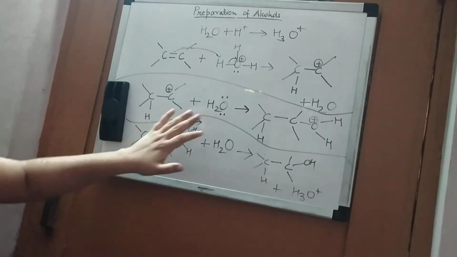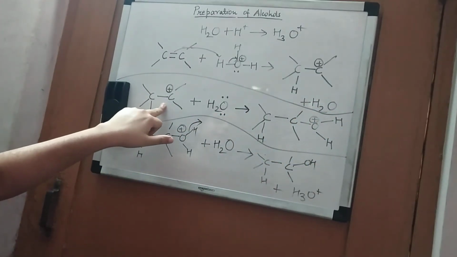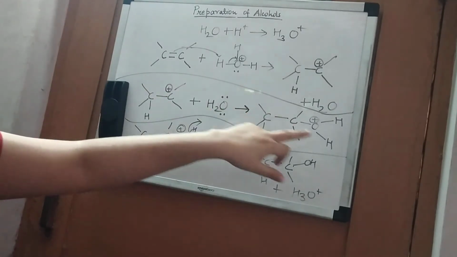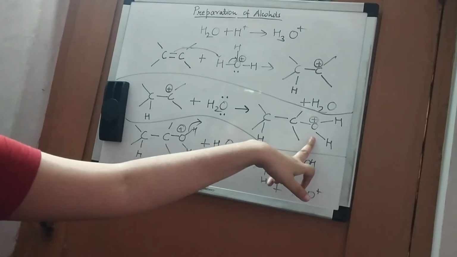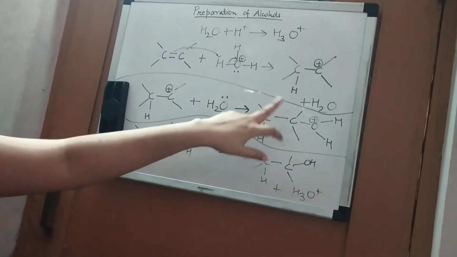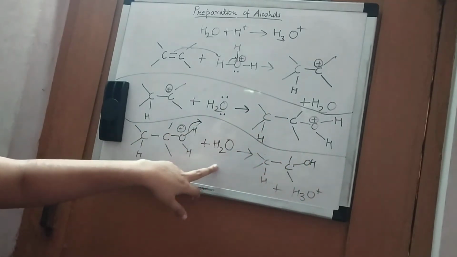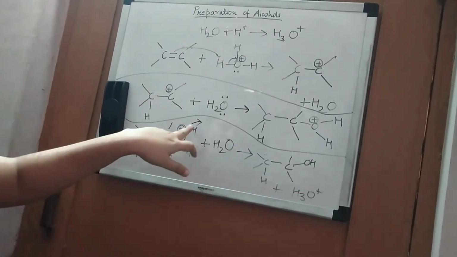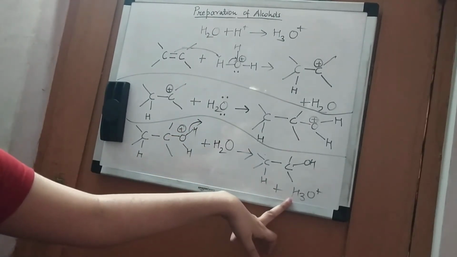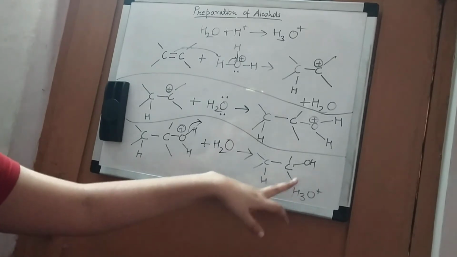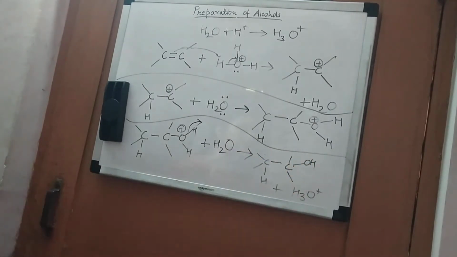Now the H2O molecule will react with the carbocation, and you will get this structure in which oxygen atom is positively charged. Now in this structure, again H2O molecule will remove the H plus ion, and H3O plus is regained again, the catalyst, and the alcohol molecule is formed. So this was about the mechanism.